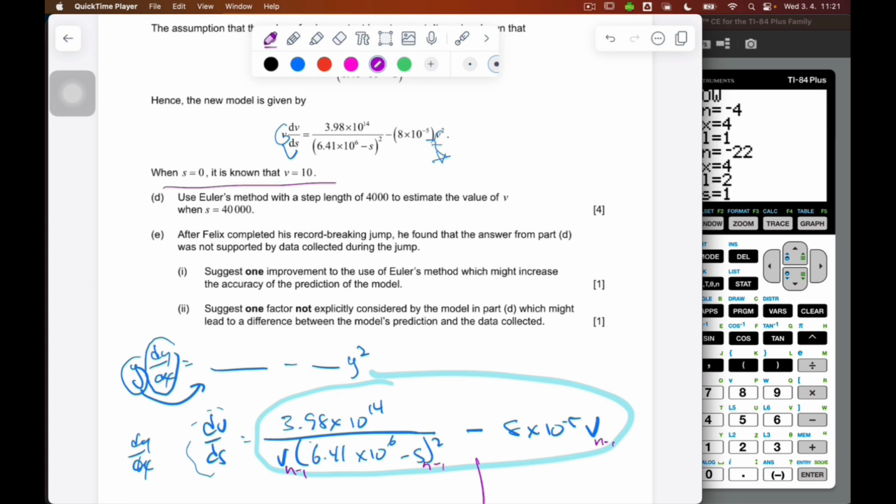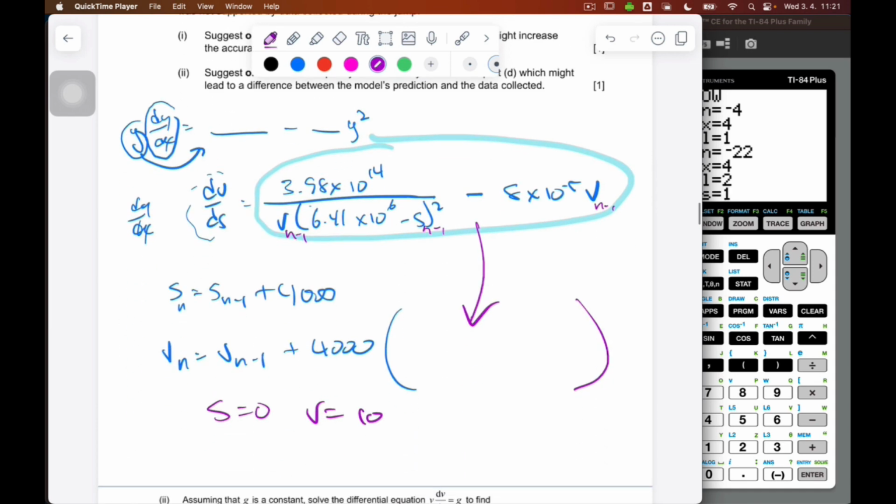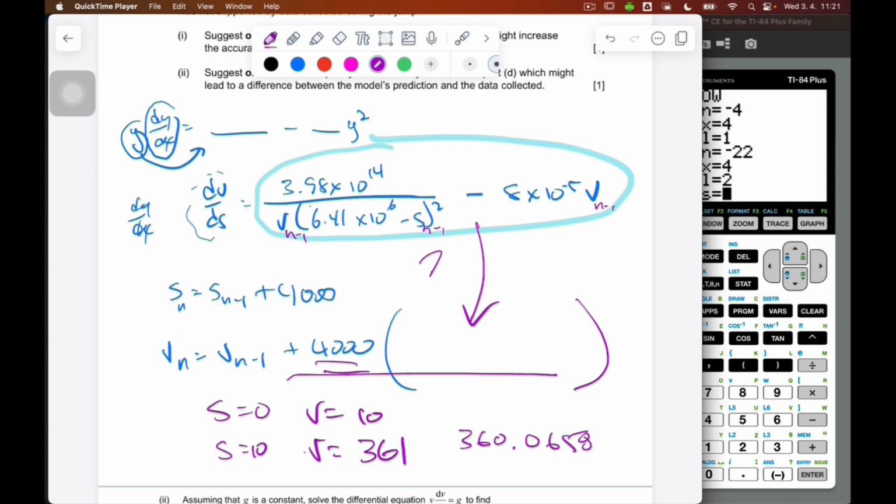And estimate the value of v when s is 40,000. So that means each step I'm going to do s plus 4,000, because I'm going to add 4,000 each time. And v, if I put that into my calculator, which I'm not going to do, you should end up with v is 361 or 360.0658. This is not easy to put into your calculator.